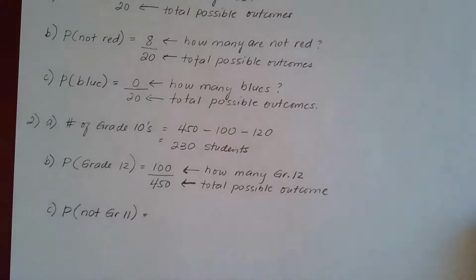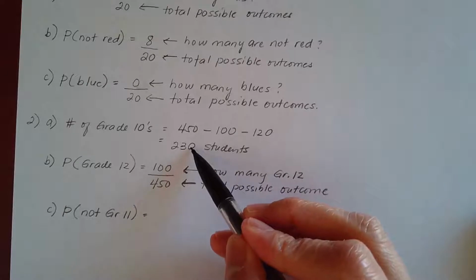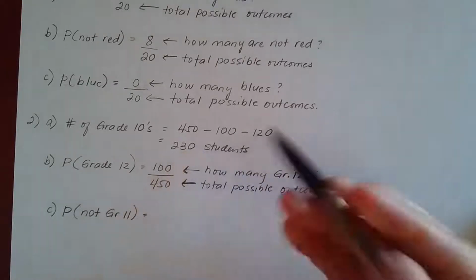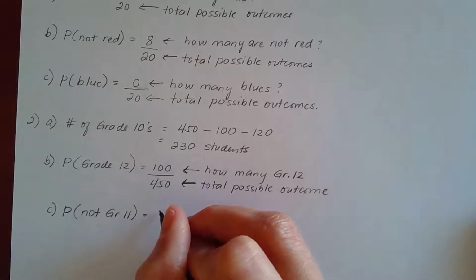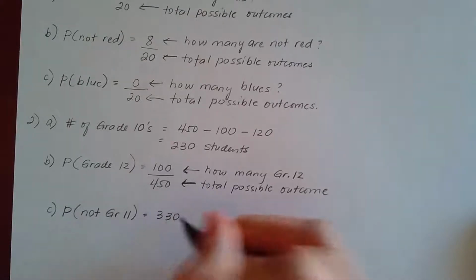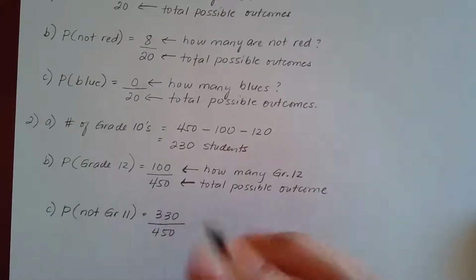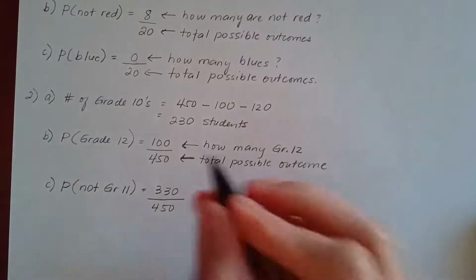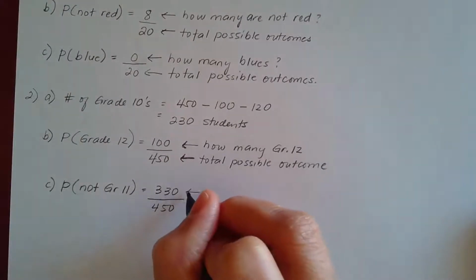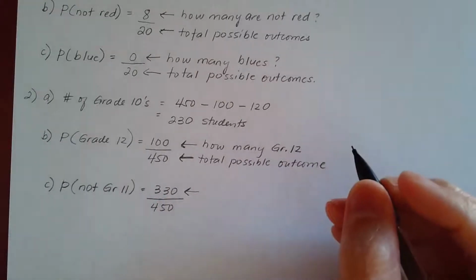So how many grade 10s are there? We figured out the grade 10s is 230, and the grade 12s was stated to be 100. So that's going to be 100 plus 230. So it's going to be 330 out of everybody else, because that's for the probability, the total possible outcome. I'm just going to write this down. Where did the 330 come from?